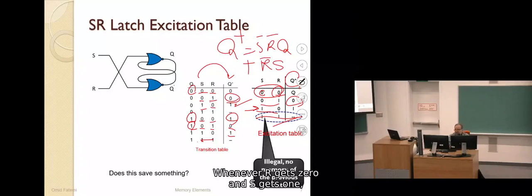So whenever R gets 0 and S gets 1, then it becomes 1. If R is 0 and S is 0, it keeps Q. And when S is 1, R is 0, it becomes 1.